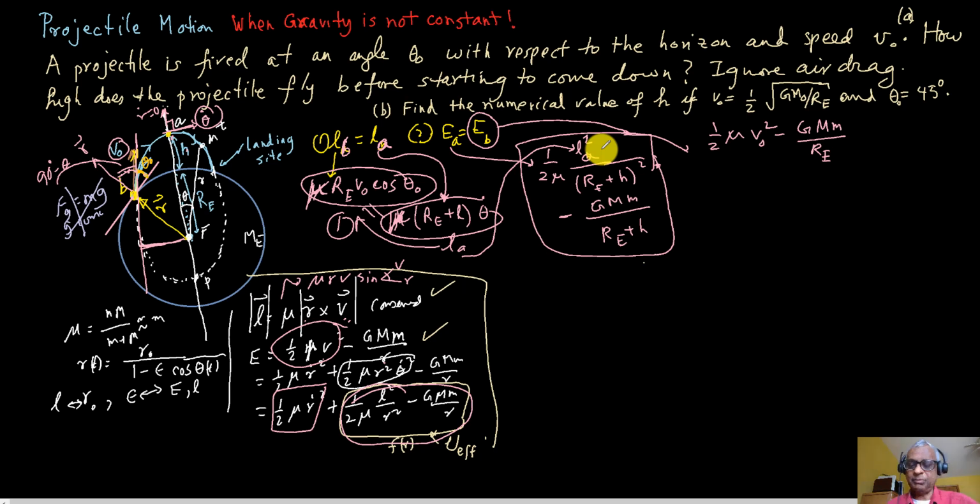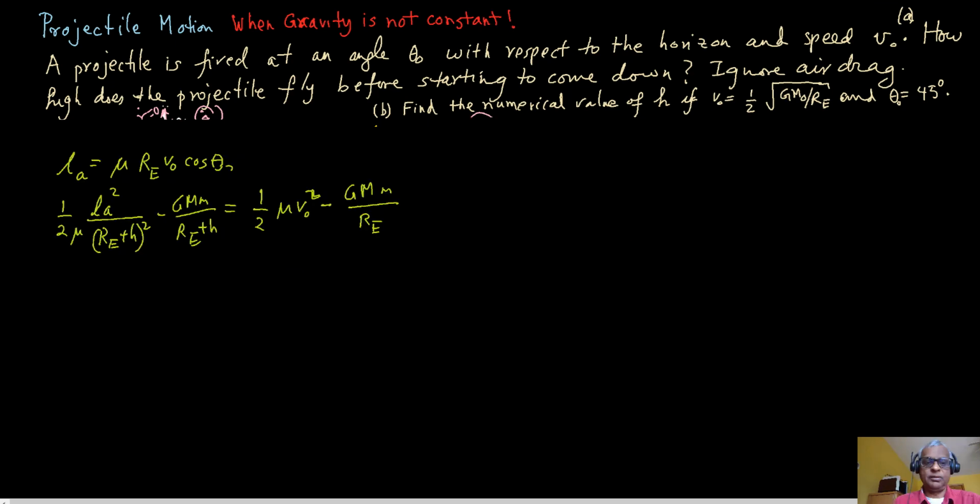Let me clean this up so I can have more space. Okay, so now those are two expressions I got, one from angular momentum conservation and one from energy conservation.